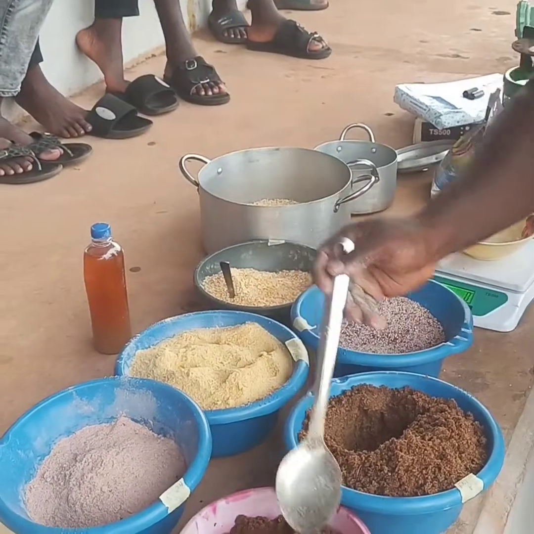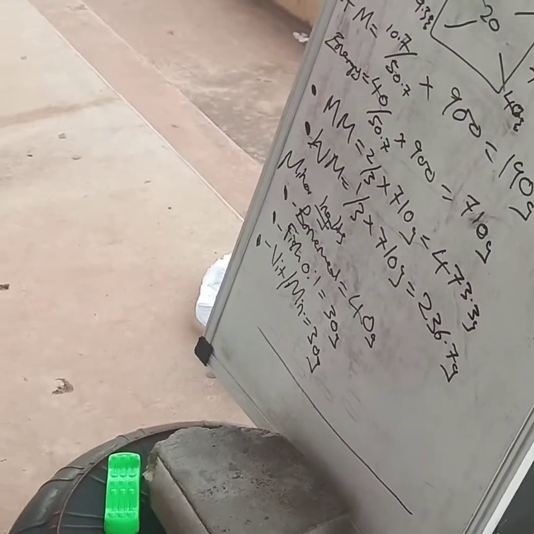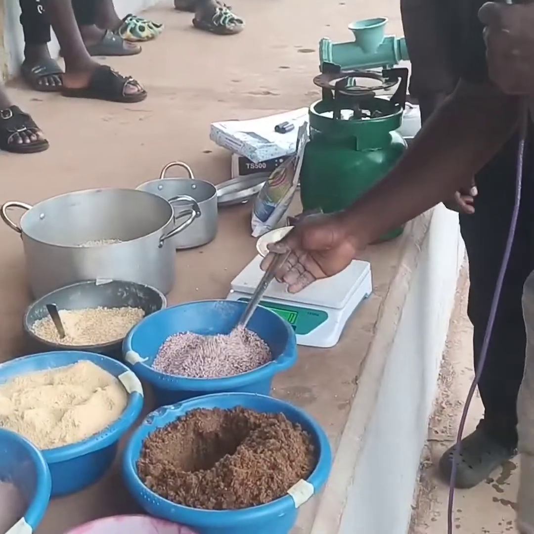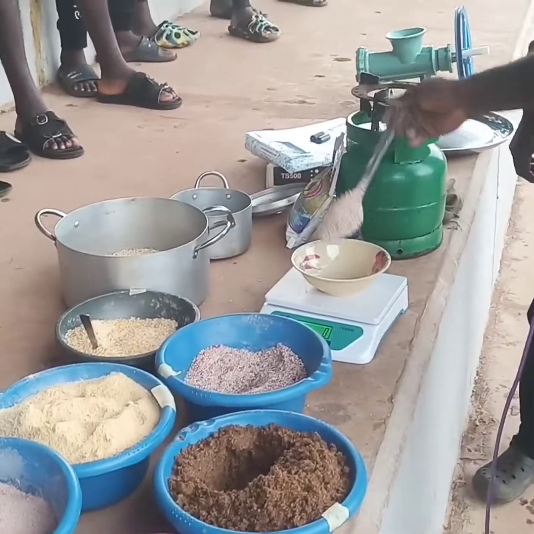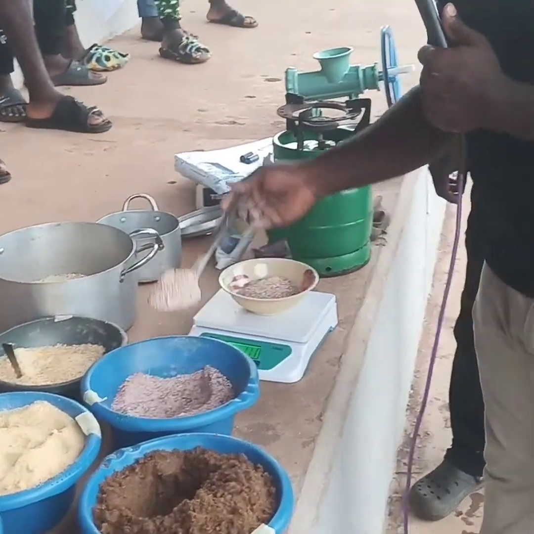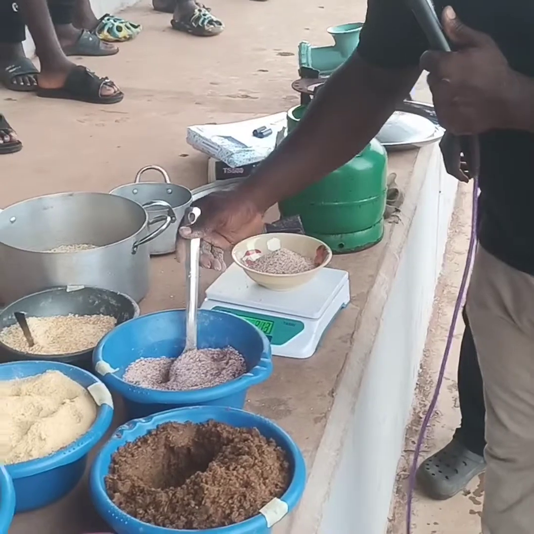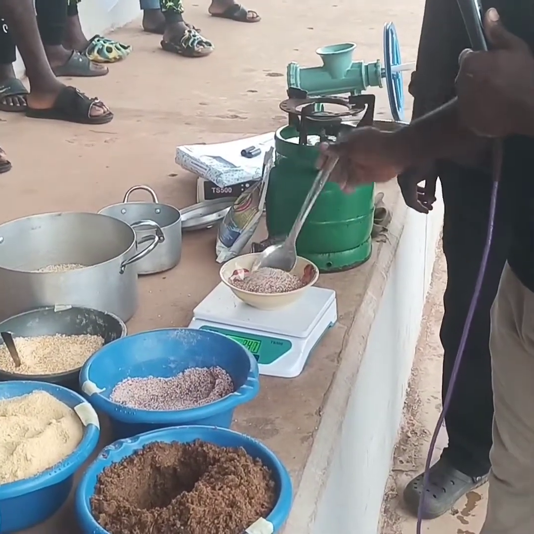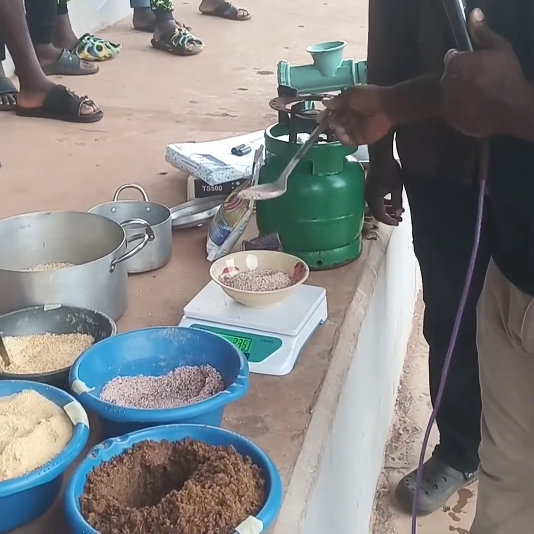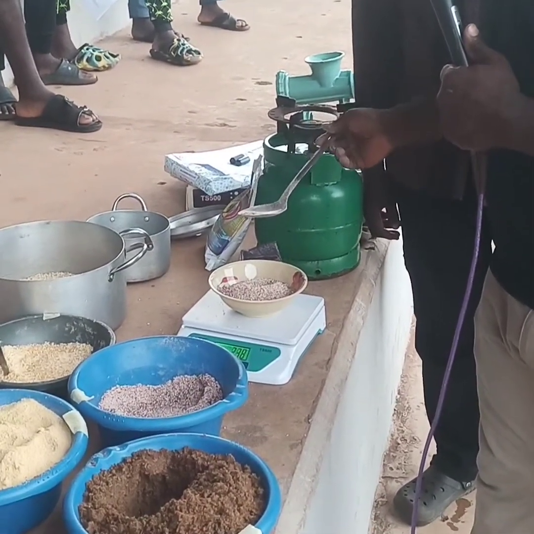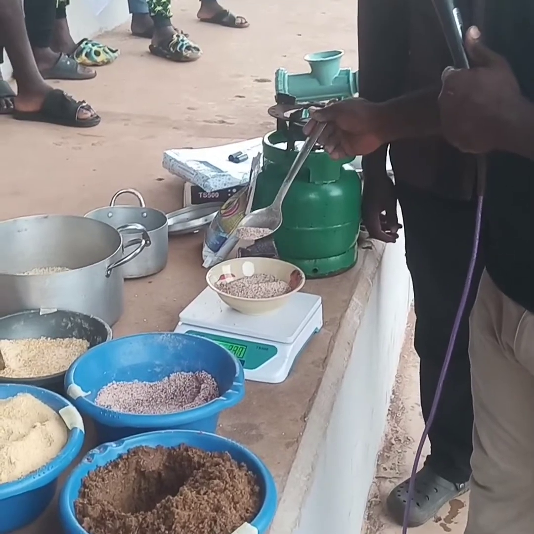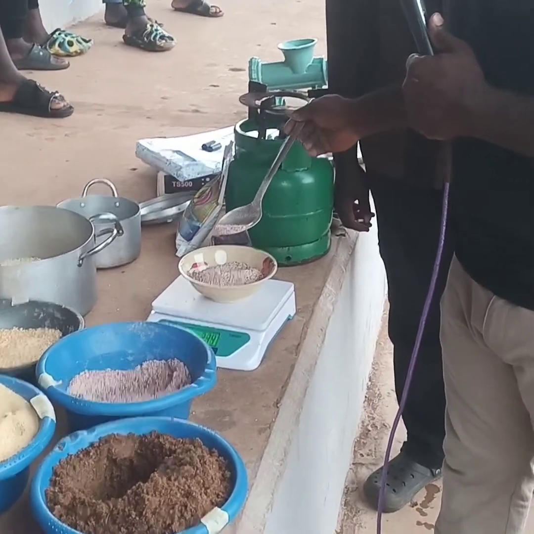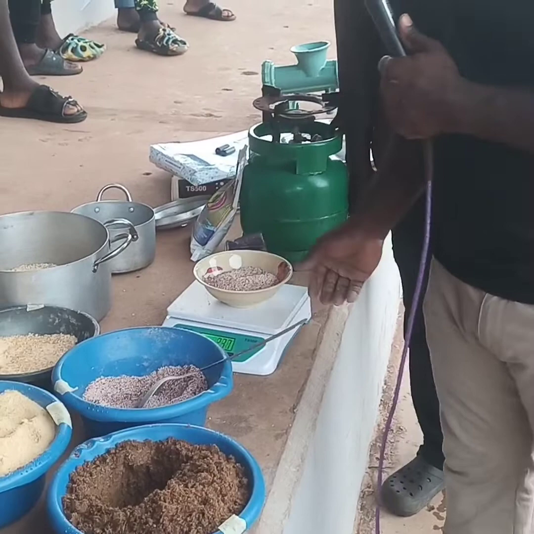Wheat meal is 236, so we are going to be approximating to 237. Wheat meal 237.